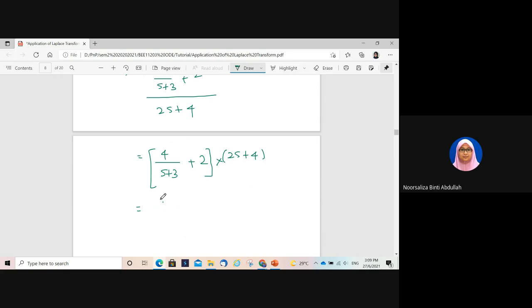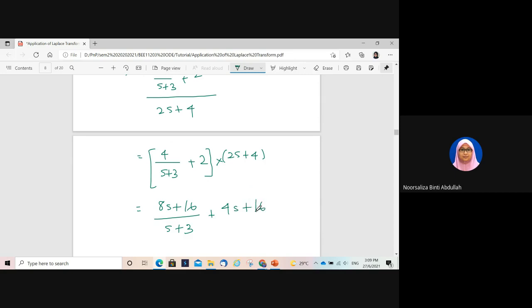So, sama juga dengan 8S tambah 16 per S plus 3 tambah 8S plus 16. 4S tambah 16, 8.